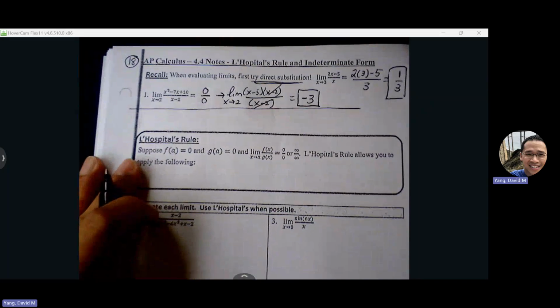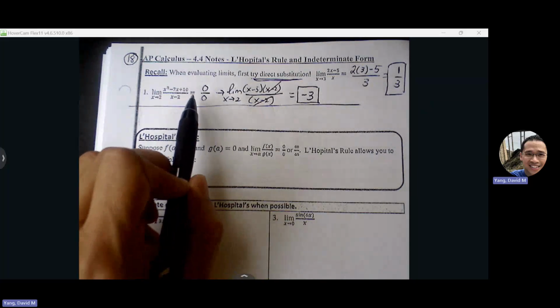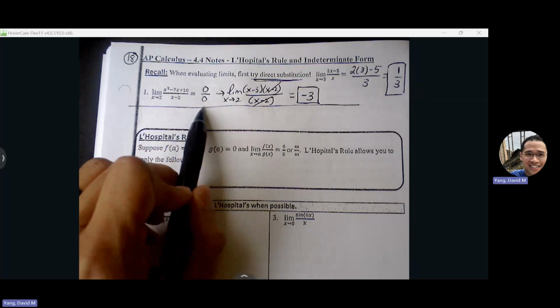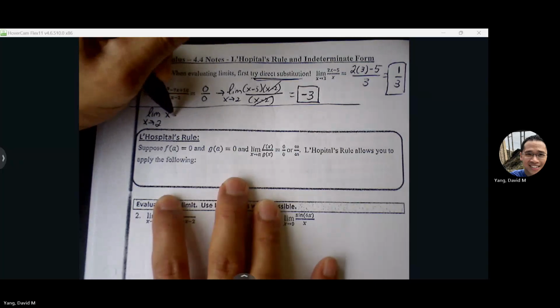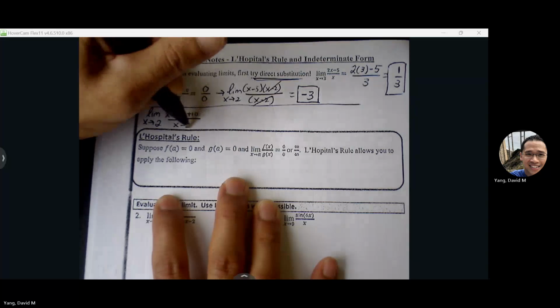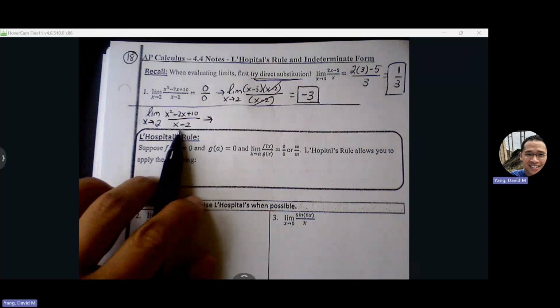Okay, so this is all fine and good, but now we have a different approach to working a limit problem if we get a 0 over 0. So let's copy this problem down again. Okay, direct substitution, same problem.